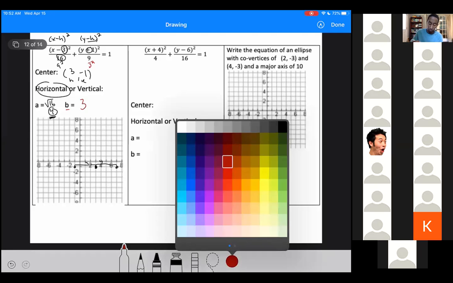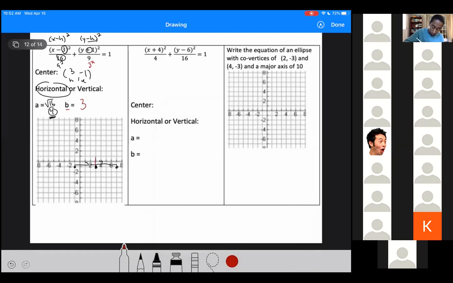You know your B is 3. So 1, 2, 3. And then you can draw your ellipse. Okay. That's how you draw an ellipse, and you can double check that by graphing on the calculator. But that is an ellipse.